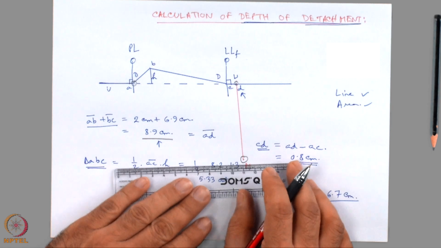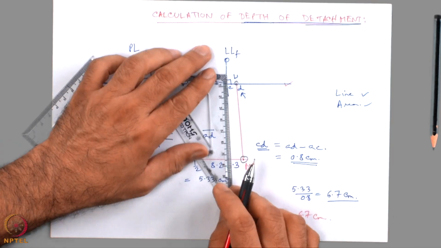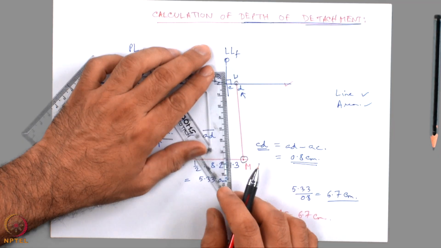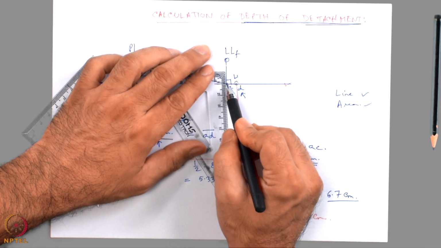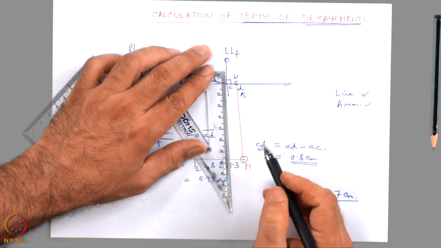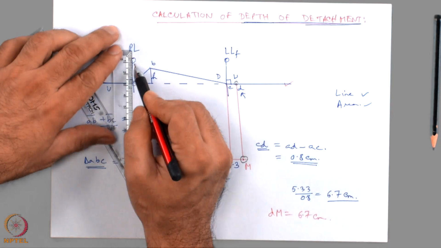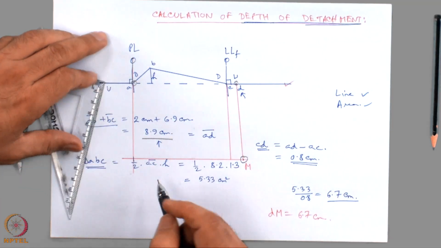Now, I will draw a line passing through this point and parallel to this line. A line can be drawn passing through point C and parallel to the DM line, and then this pin line can be drawn here, extended downward.